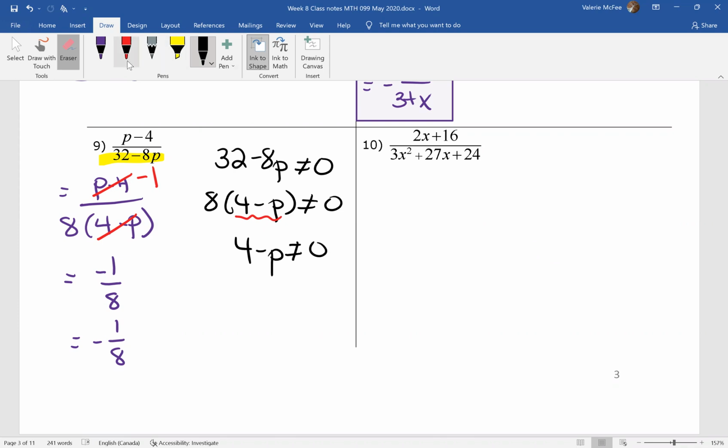I'm not going to use this factor 8 because there's no variable here. We're looking for the values of the variable that make the expression undefined. 8 is never going to equal 0. So we see that 4 cannot equal p, or p cannot equal 4.